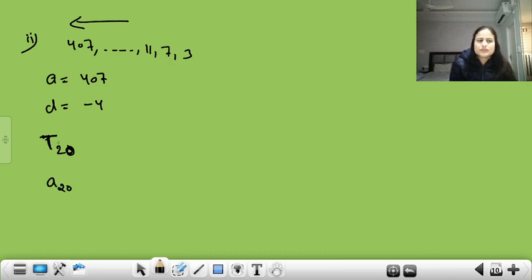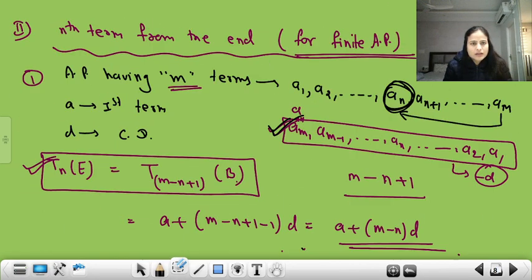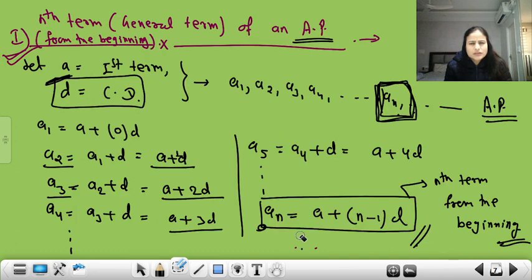The 20th term, you can write T20 or A20, any notation you can use. Here I am using the T notation. Please don't get confused; I think you guys must understand that instead of this an, you can use Tn as well. T stands for the term.